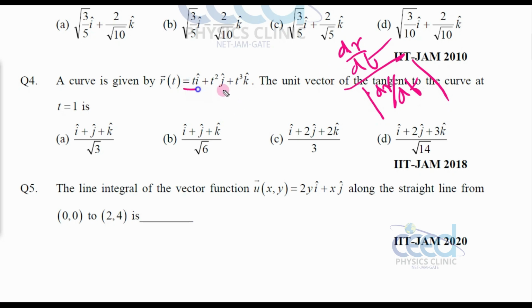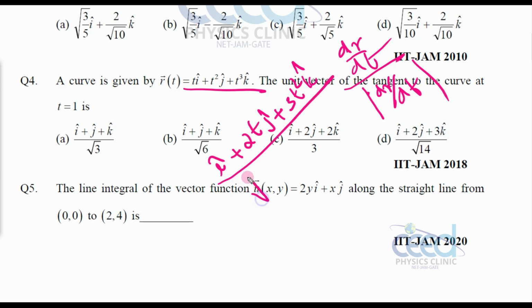So what is dr by dt? That is i cap plus 2t j cap plus 3t square k cap, right? And the square root of dr by dt the whole square, that is 1 square plus 4t square plus 9t raised to 4.